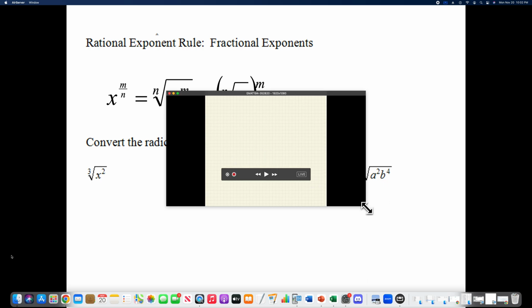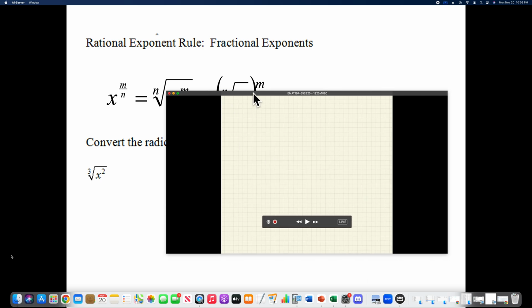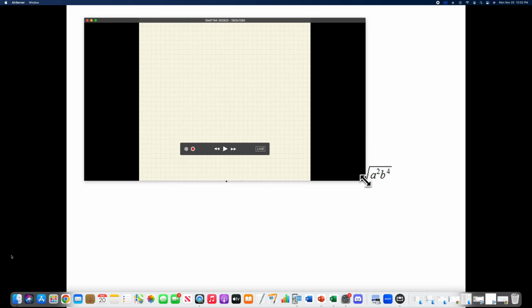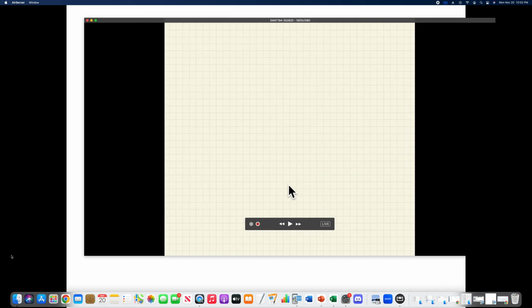All right, so let me make this a little bit bigger here. Don't write x to the m over n power starting your numerator in the exponent. So if I wanted to write 3 to the 1/2 power, now it's kind of looking like a mixed fraction.